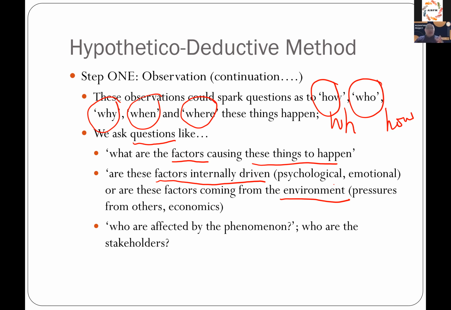You need to understand whether it comes from ourselves, our own psychological drive, or from the external, a trend that everybody would like to follow. You need to understand all this first. And who are affected? That means the parties that are affected, and who are the stakeholders, the ones who should be responsible for this.